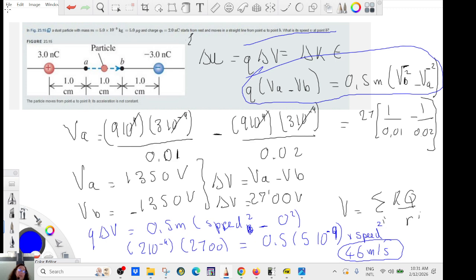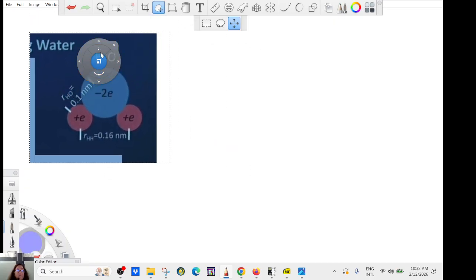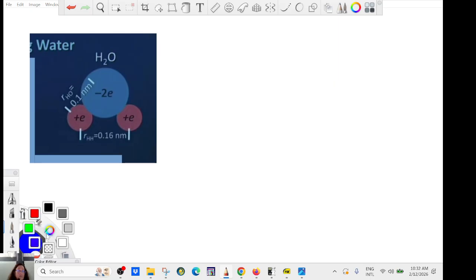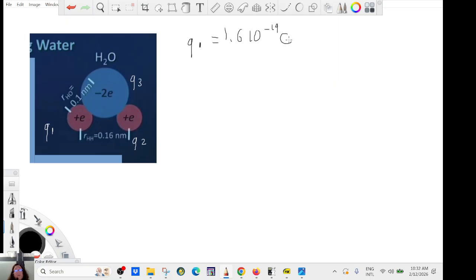So you can call this Q1, and you can call that Q2, and you can call that Q3. Q1 is 1.6 times 10 to the negative 19 coulomb, which is also equal to Q2, because that's the charge of a proton. And Q3 is going to be minus 2 times the fundamental charge.